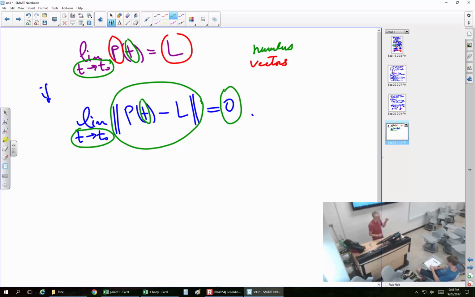That's what I mean that we reduce to calculus 1. Even though I could still mark that this is a vector and that is a vector, once you carry out this computation, what's inside our limit is a number, and the output of the limit expression is still a number. So we're explaining vectors with numbers.